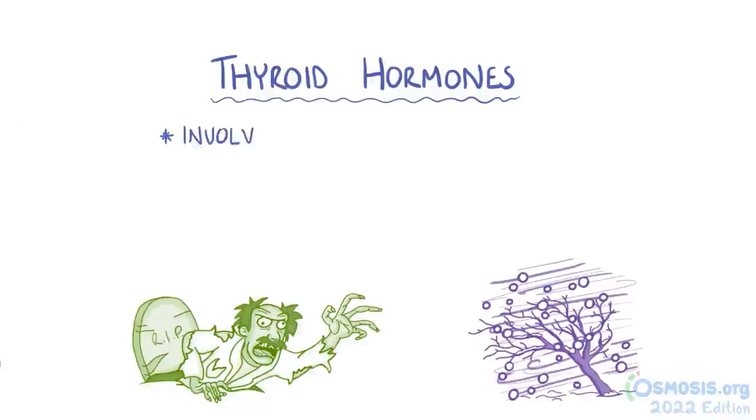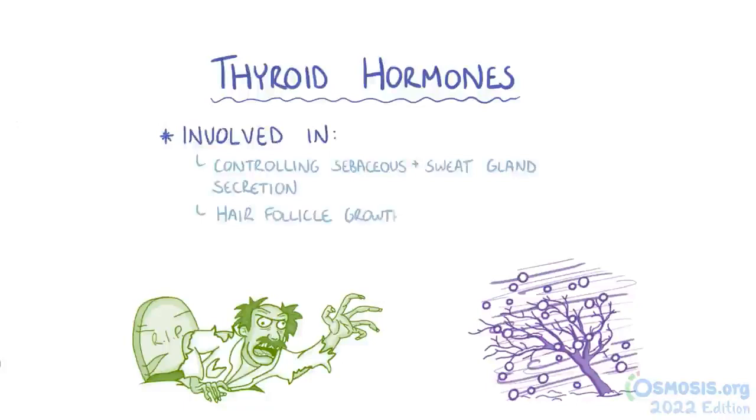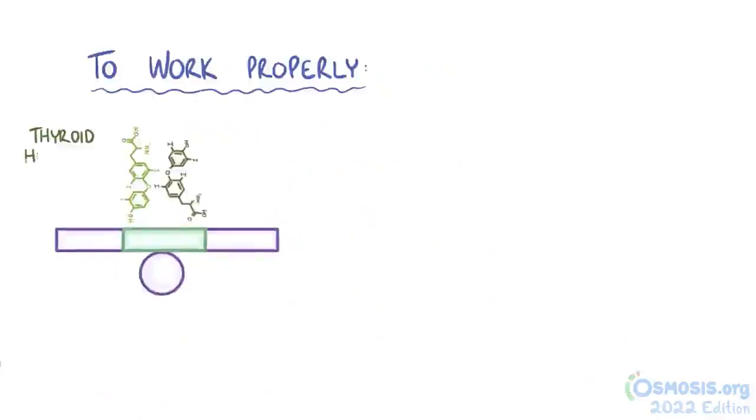Thyroid hormones are also involved in a number of other things, like controlling sebaceous and sweat gland secretion, hair follicle growth, and regulating proteins and mucopolysaccharide synthesis by skin fibroblasts. For all of this to work right, the levels of thyroid hormones have to stay within a normal range.